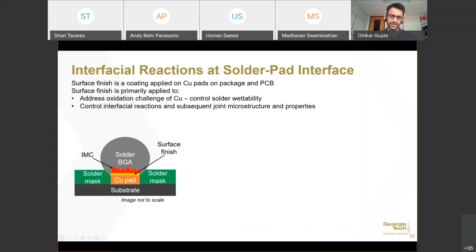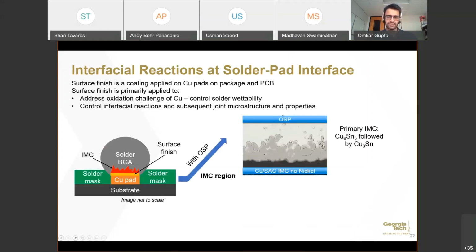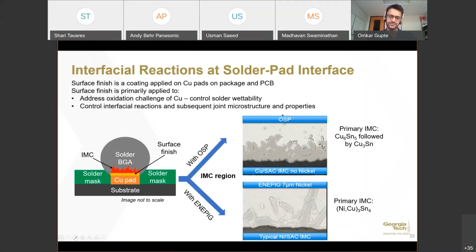So that's the pad. In the schematic is a surface finish, and during the reflow there's a reaction between the surface finish and the solder to form intermetallics right here. With different surface finishes, we get different microstructures. I've shown two examples here. One is a surface finish called OSP, or organic solderability preservative. It is an organic material that is deposited on the pad and during the reflow, it gets dissolved, and the reaction occurs directly between the solder and the copper pad, leading to intermetallics formed, which are mainly copper tin intermetallics.